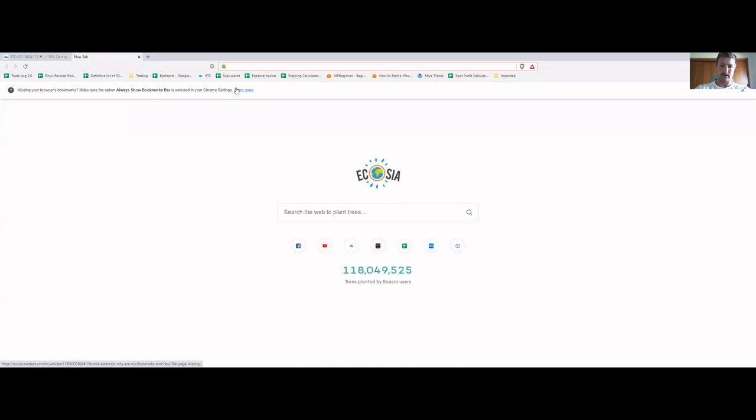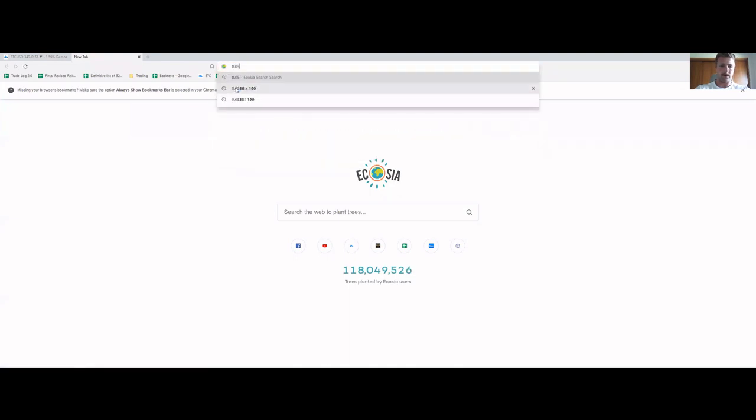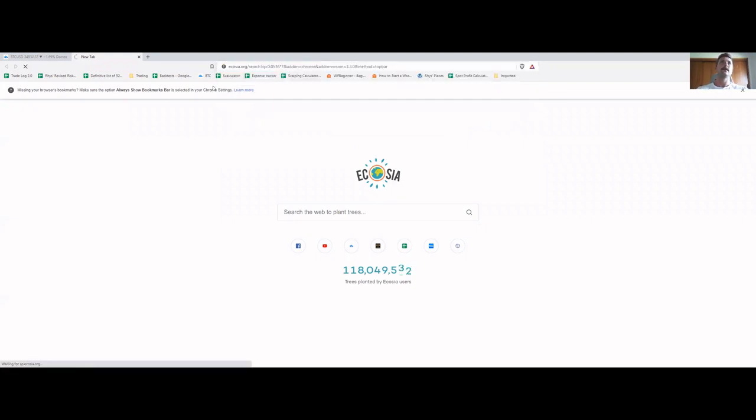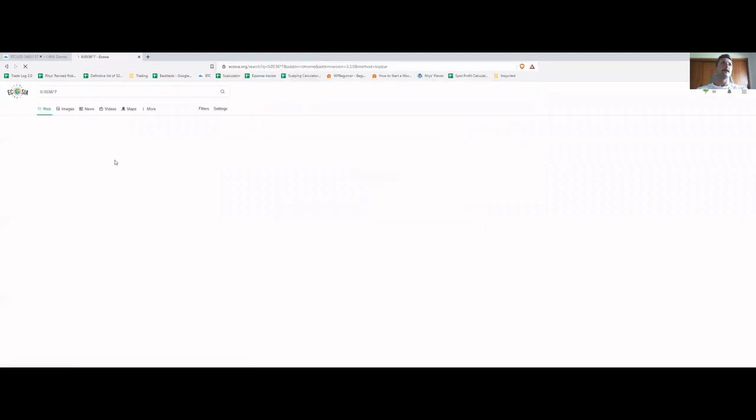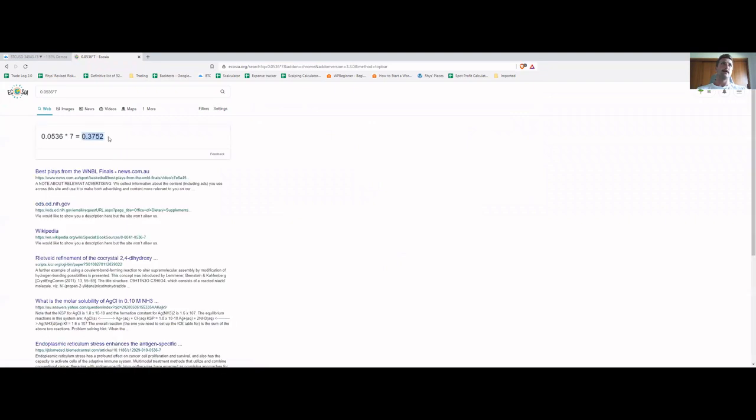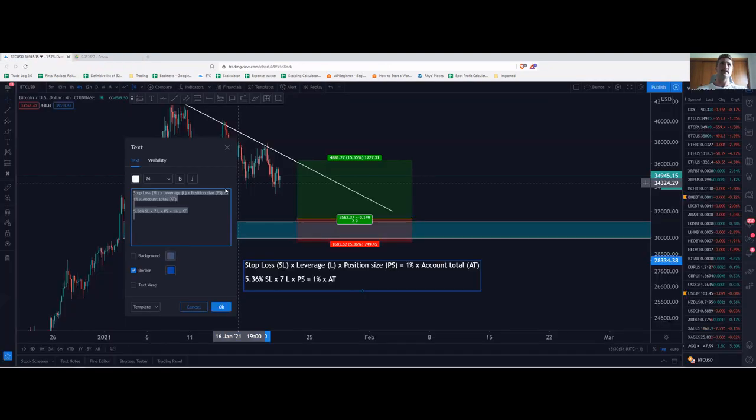So 5.36 is the same as 0.0536, times 7, and we get 0.3752. So 0.3752 times our position size must equal, we'll convert 1% to 0.01, times AT.